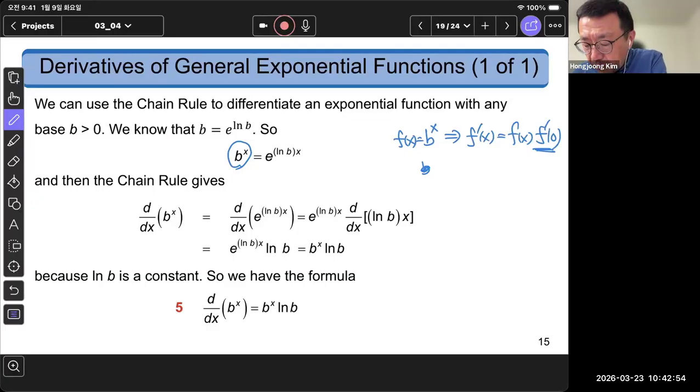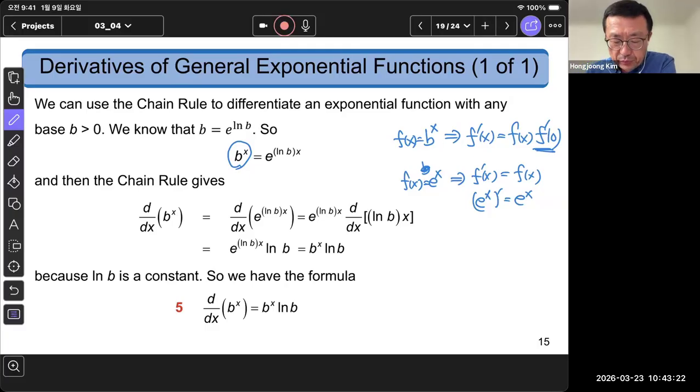We considered the special case e to the x, so that f prime at 0 was 1, and that comes from the definition of e. So in that case, f prime of x equals f of x. In other words, the derivative of e to the x will be e to the x. That's what we could derive, right?